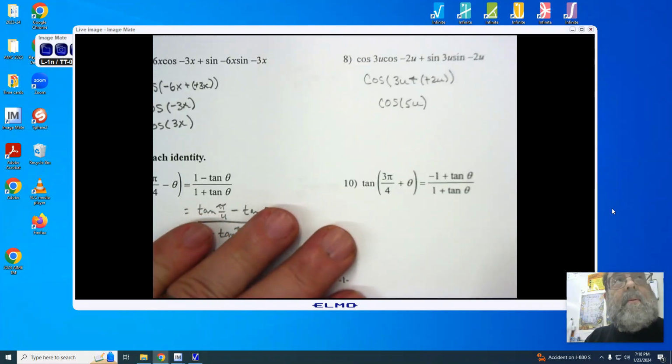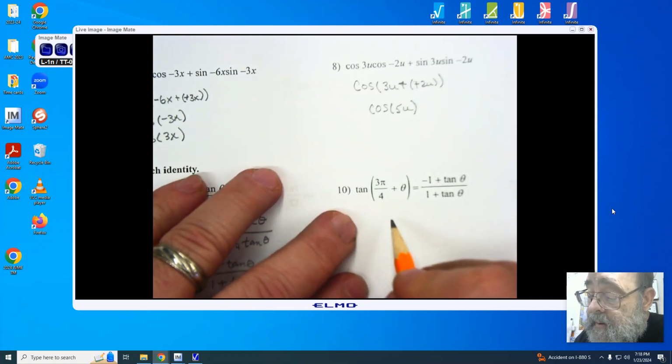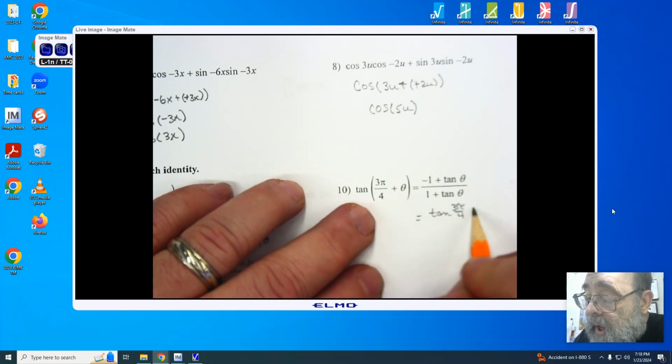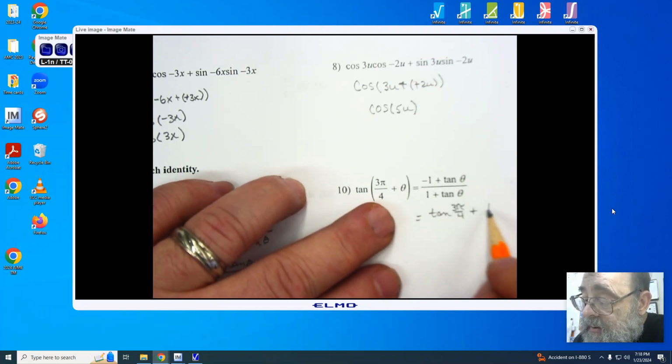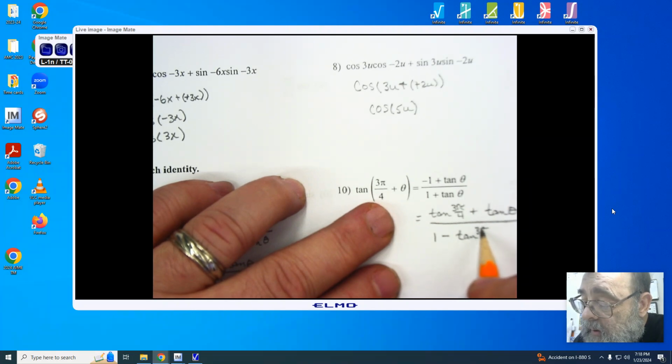Number 10, same concept, same process, not much is different. We're looking therefore at the tangent of 3 pi over 4 plus the tangent of theta divided by 1 minus tangent of 3 pi over 4 times the tangent of theta.